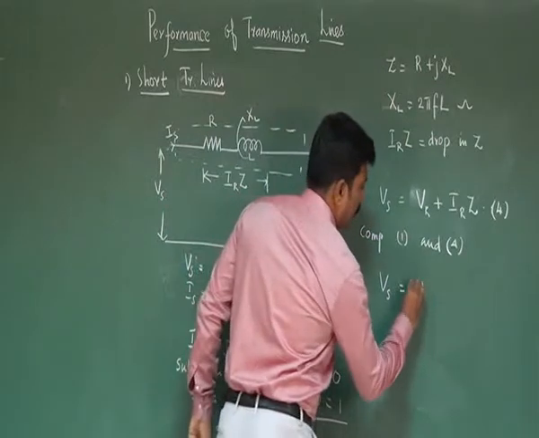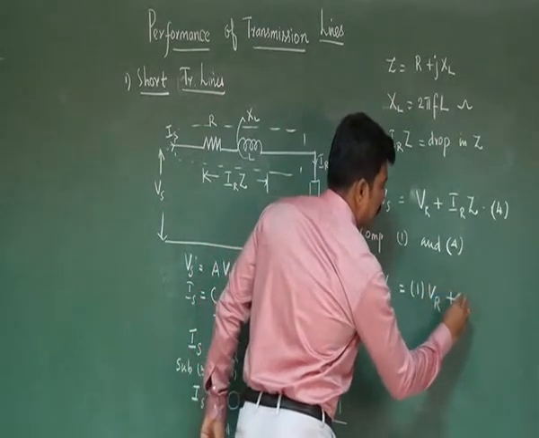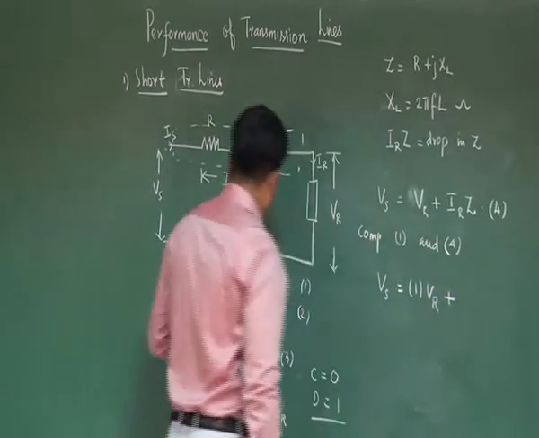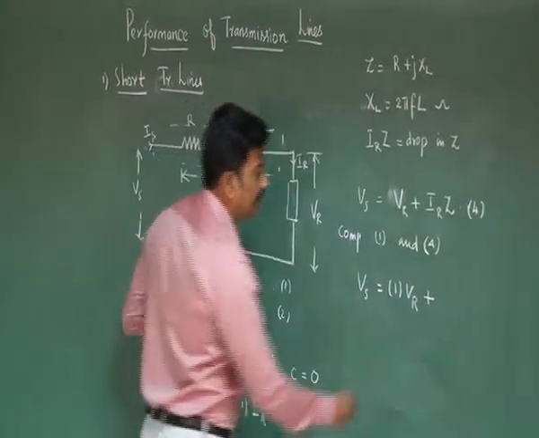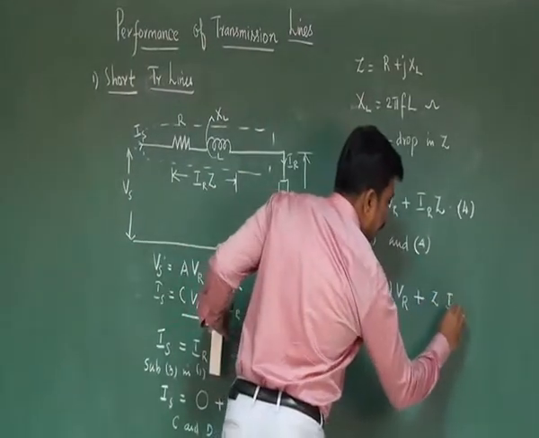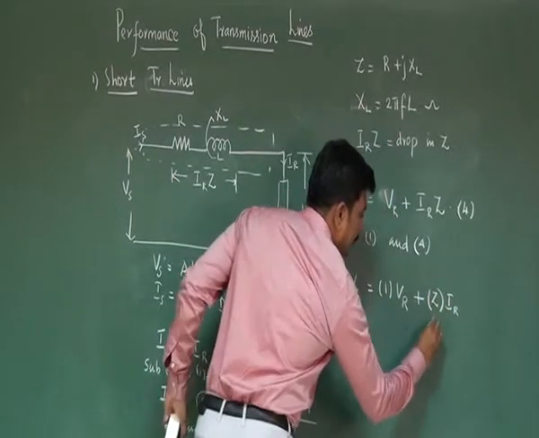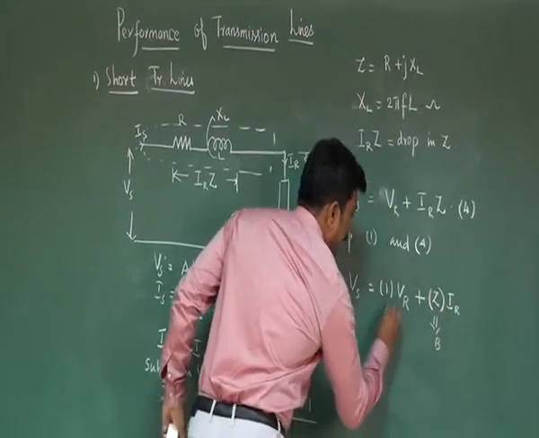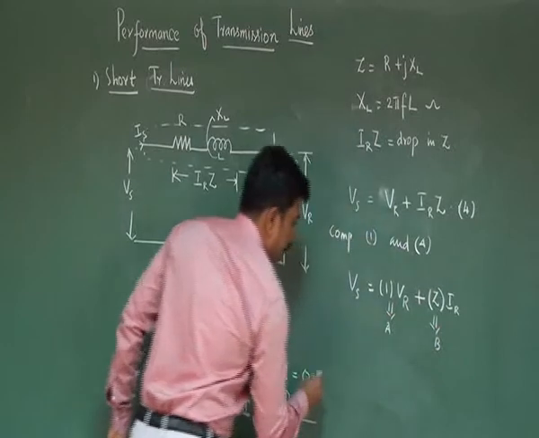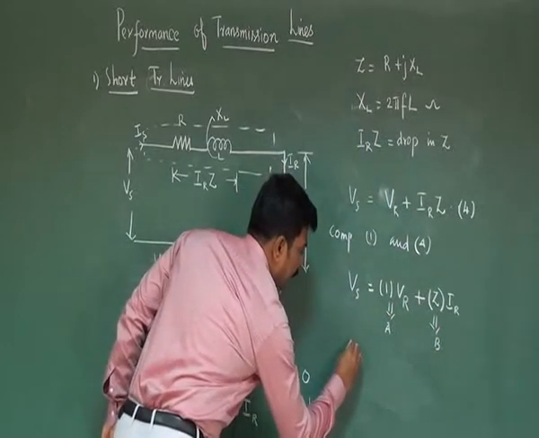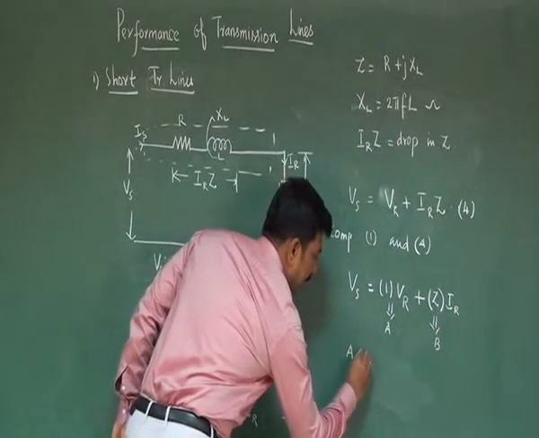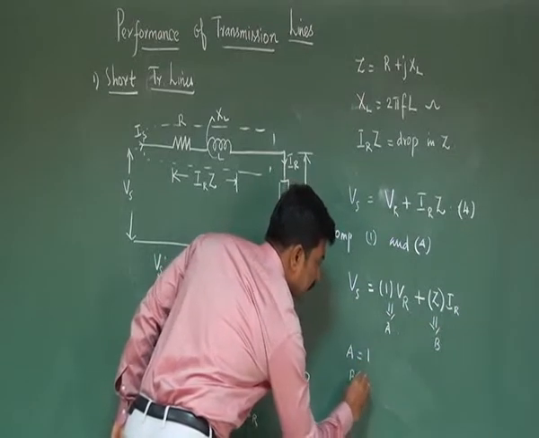So 1 multiplied by VR plus IR Z. We have Z IR, therefore Z is B and 1 is A. From here you can get the values of A and B. A is 1, B is Z.